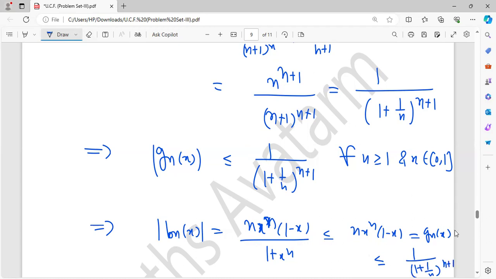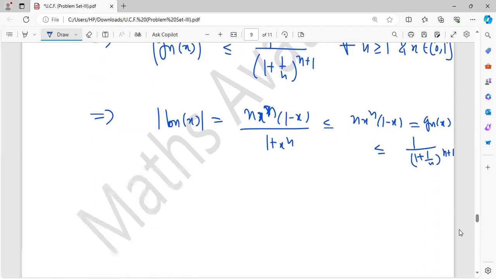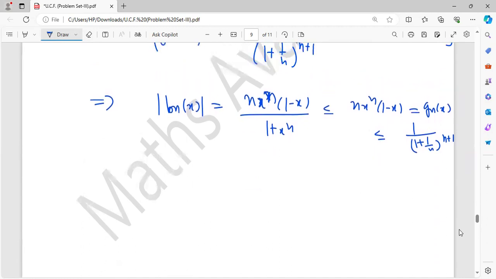So what does it mean? b_n(x) is less than or equal to 1 upon n plus 1.